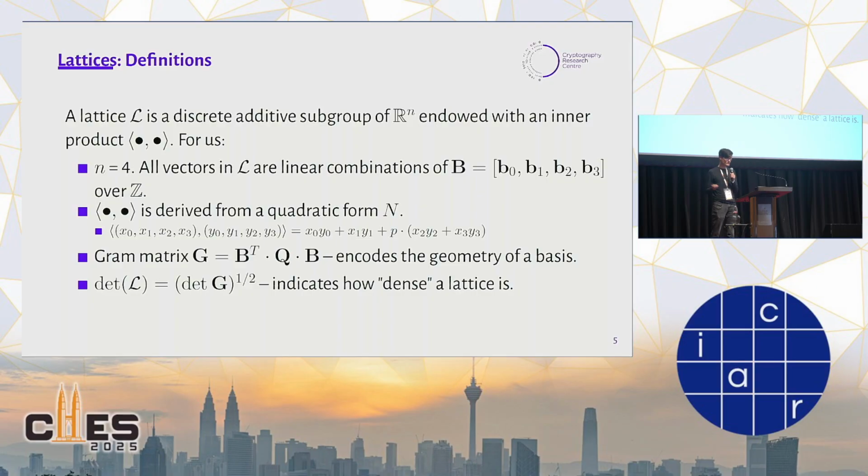It's a discrete additive subgroup of a real vector space endowed with a scalar product. In SQIsign, we work with four-dimensional lattices. That is, in every lattice basis we're dealing with, there are four basis vectors. And each vector of a lattice can be represented as a Z-linear combination of these vectors.